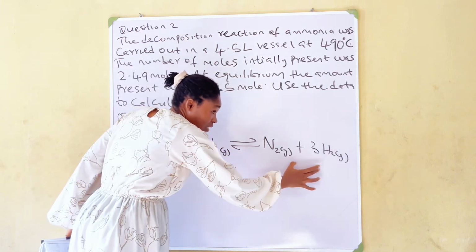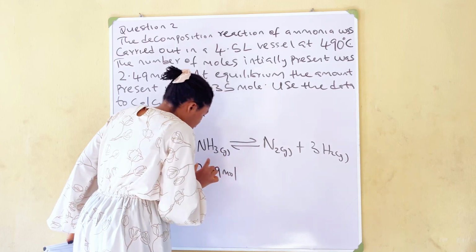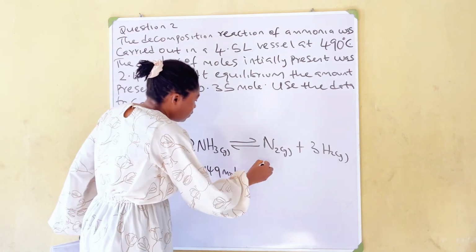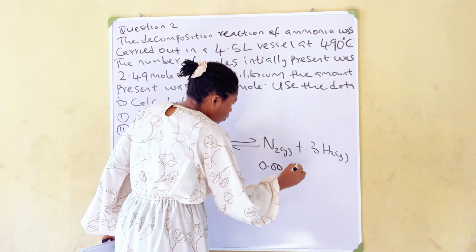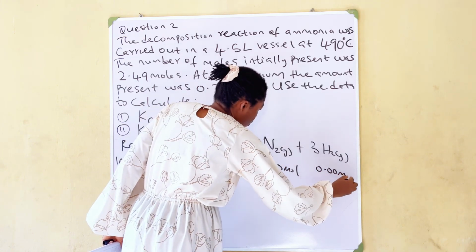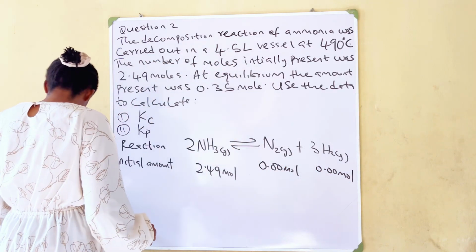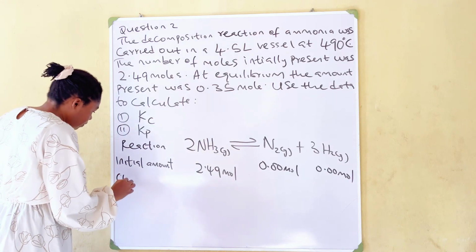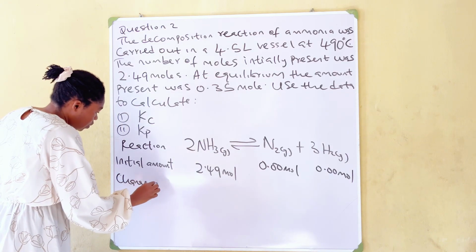This one was not present, and then we formed it. So for here you have 0.00 mole, 0.00 mole. Okay. So let's look at change in concentration.